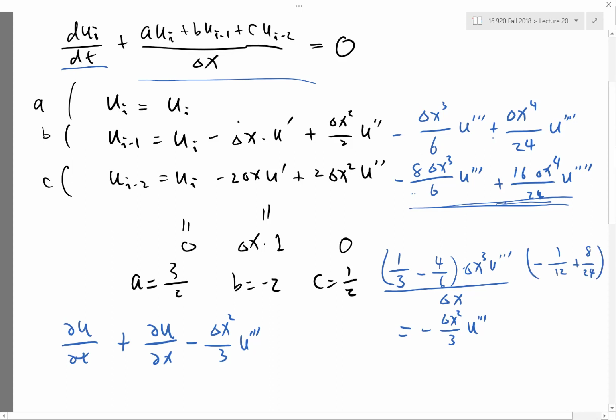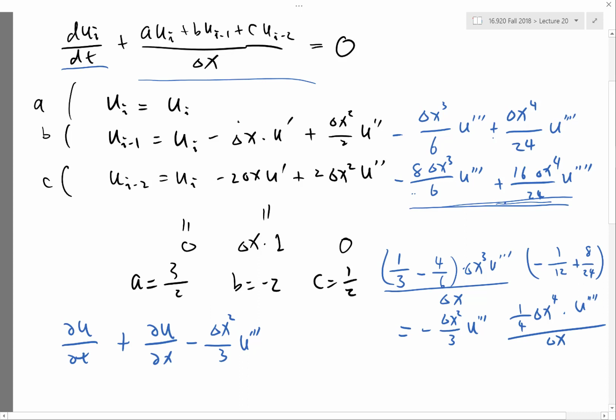Okay, so this is 3/12, which is 1/4 times delta x to the 4th u quad prime divided by delta x.